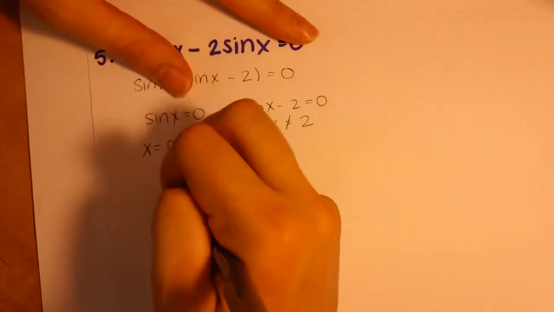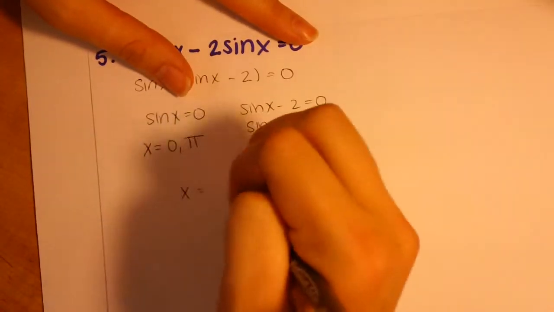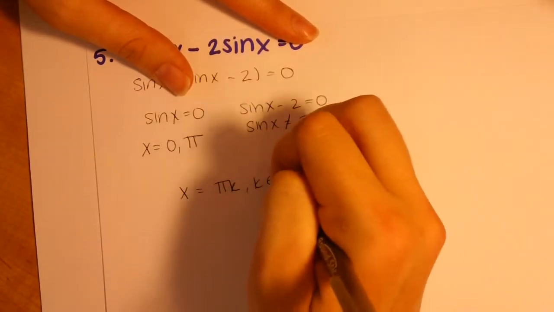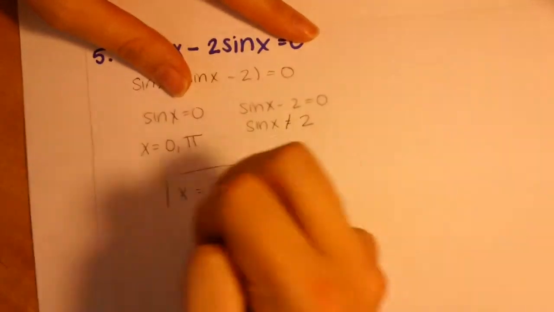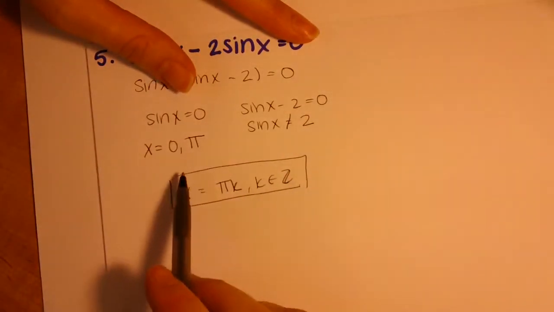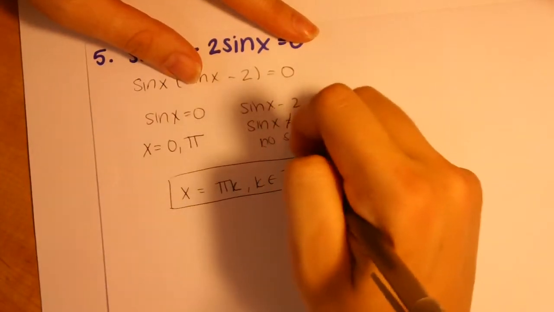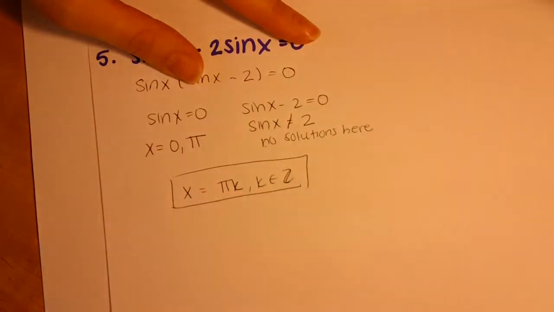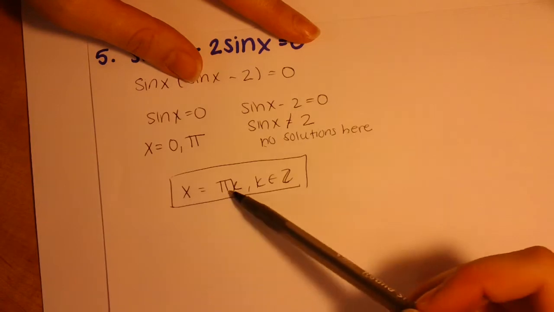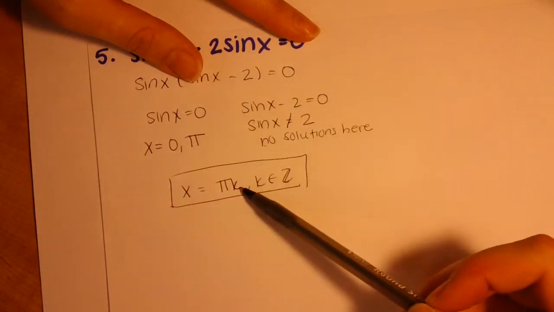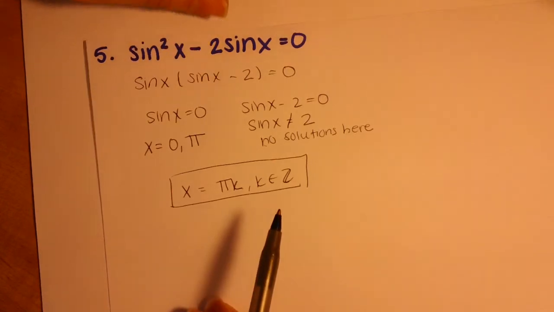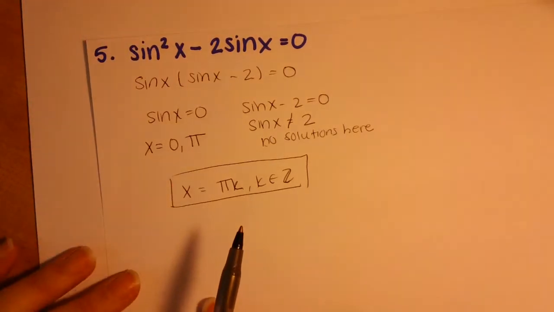So now we have x equals pi k, k is an element of Z. Okay, so to get the 0, we'll just have our k be 0, and to get pi, k will be 1, 2 pi, k will be 2, that sort of thing.